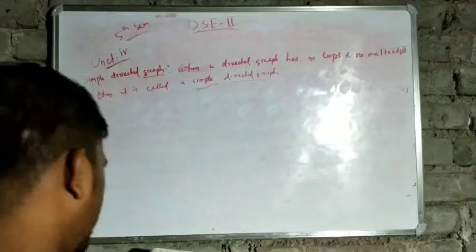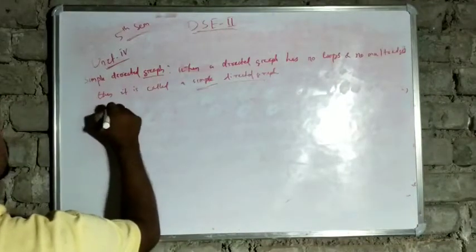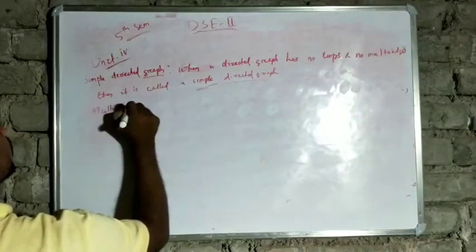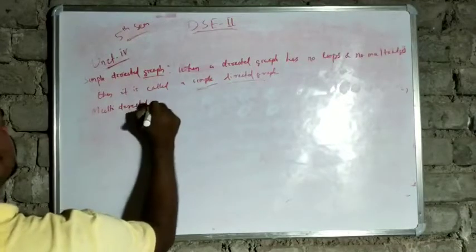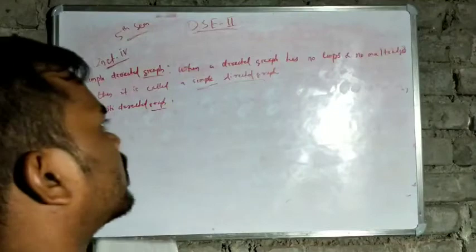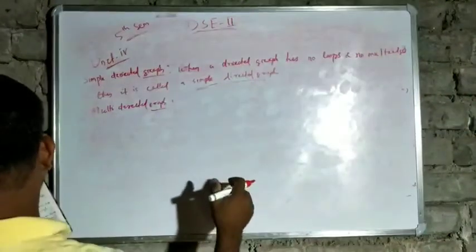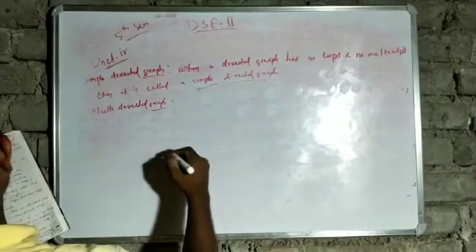Similarly, multi-directed graph. A directed graph where multiple edges are present is known as a multi-directed graph.